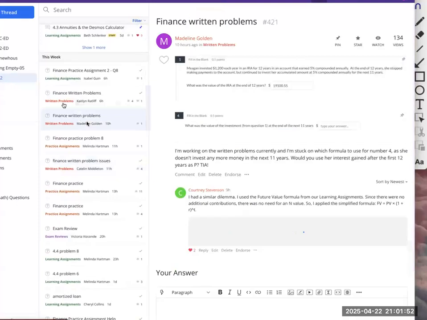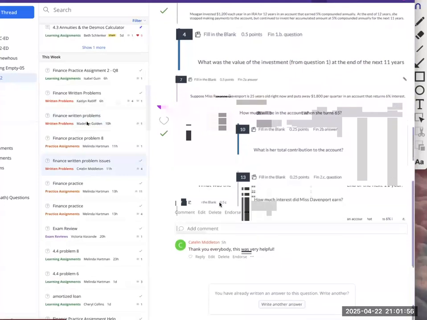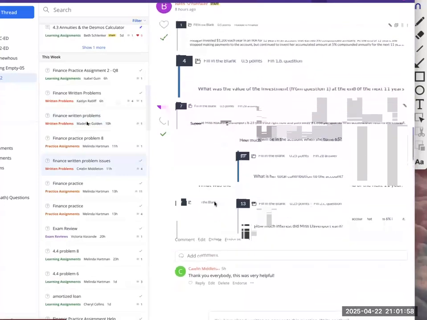Professor, for that one, the formula does not have an n, so the exponent is just a t, is that right? For number 4, let's see.